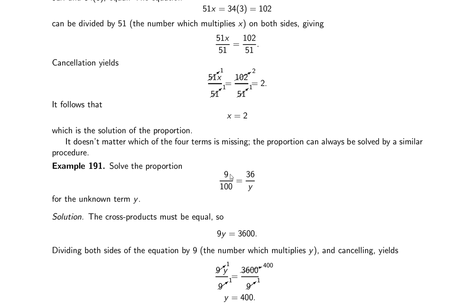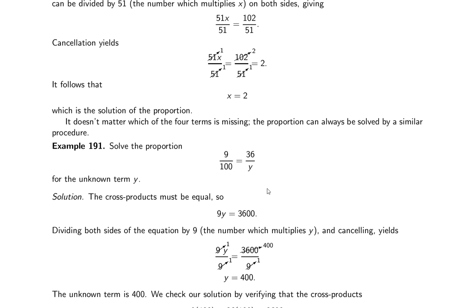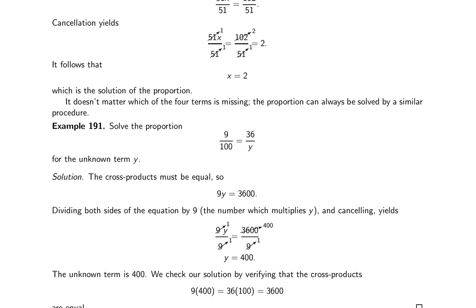Okay, how about this one? Some more big numbers. We have 9 over 100 is equal to 36 over y this time, letter y. Solve the proportions, so find what the y has to be. Okay, this doesn't simplify. So set the cross products equal. 9 times y is equal to 100 times 36.